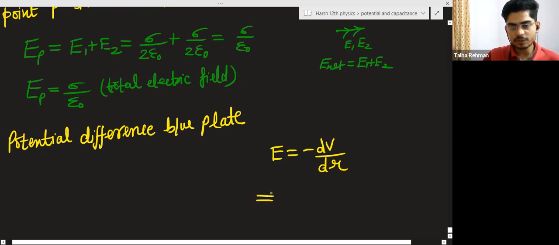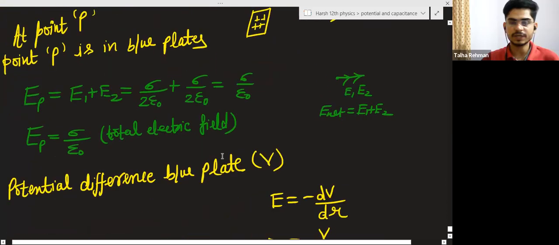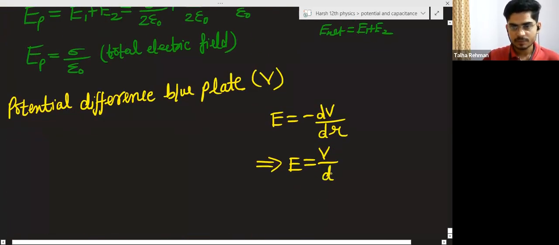So one formula will come here. E is equal to, for the potential difference, I am writing V, so this will become V, and dr is the distance between the plates, D. We will take here D. It means this formula is derived from here.